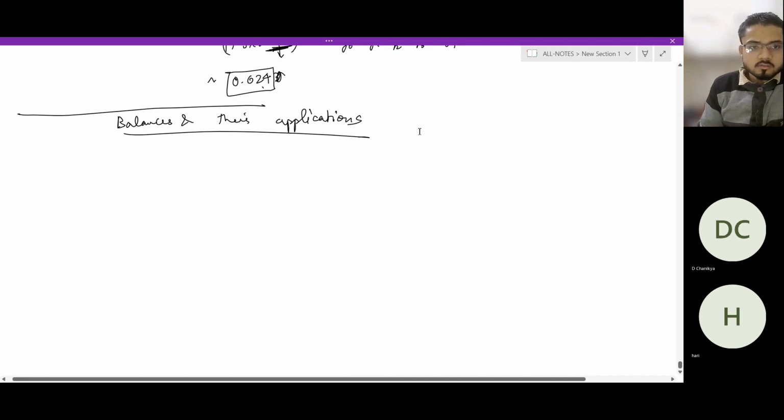Okay, so consider this to be a circular pipe.